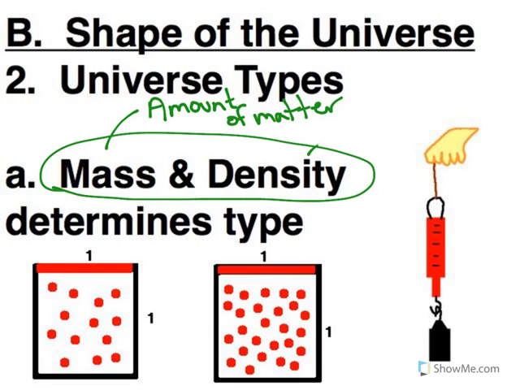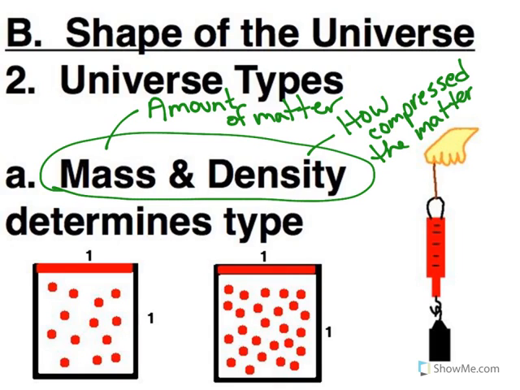And then density is how compressed the matter is, which is a little bit easier to measure, but still we don't really know the density of our universe.